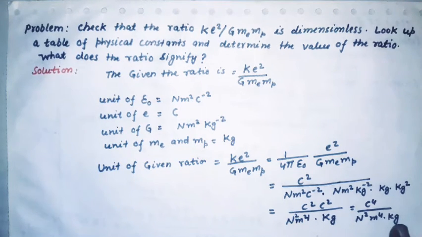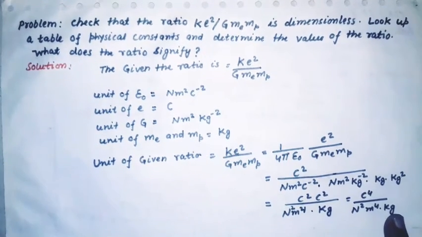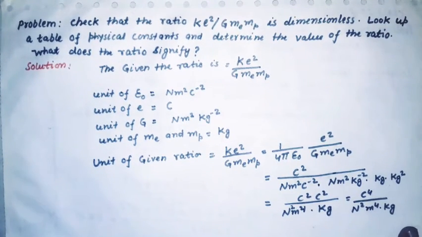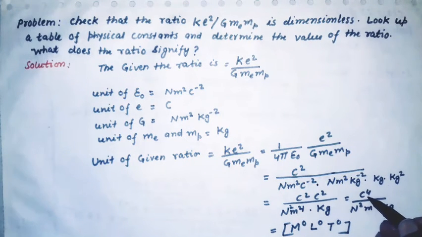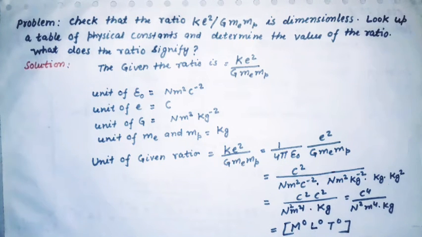If we convert into dimensional form, it will come out to be m to the power 0, l to the power 0 and t to the power 0, which is dimensionless.